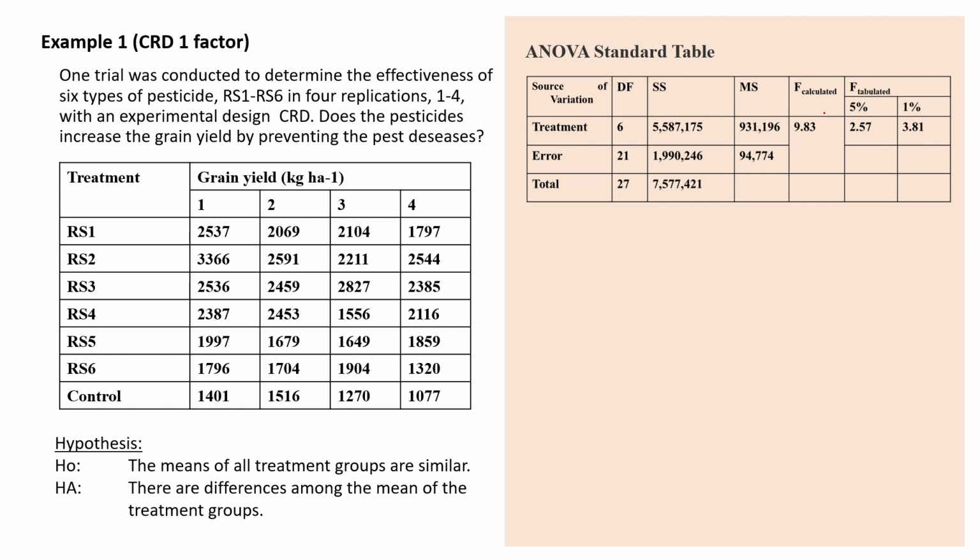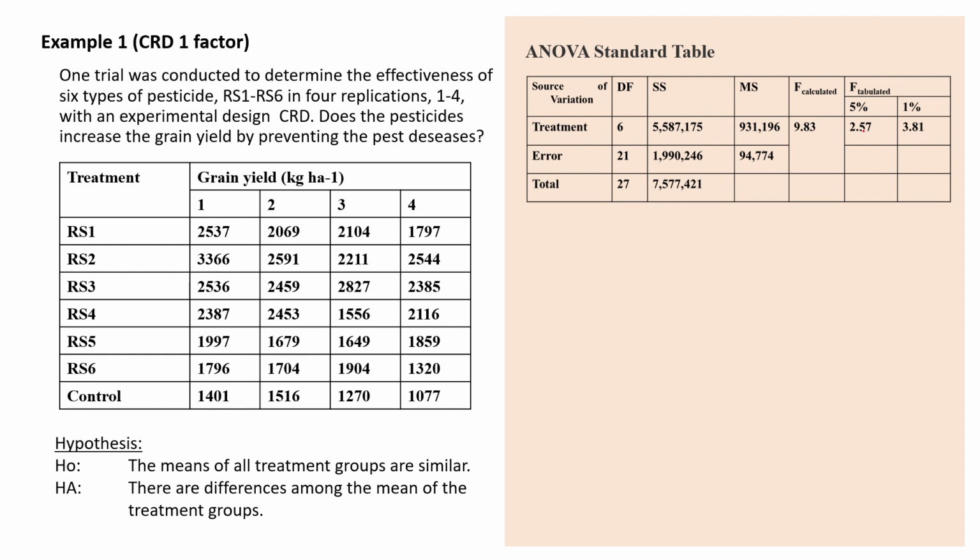The F value calculated is 9.83 and the critical value from the table is 2.57 for the 5% significance level and 3.81 for the 1% significance level.